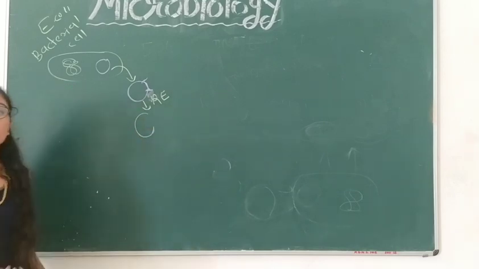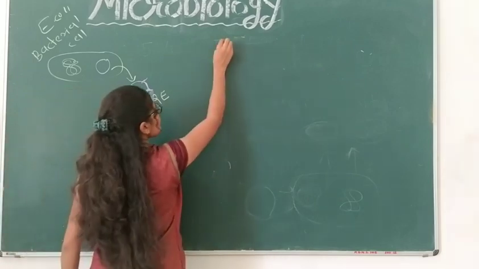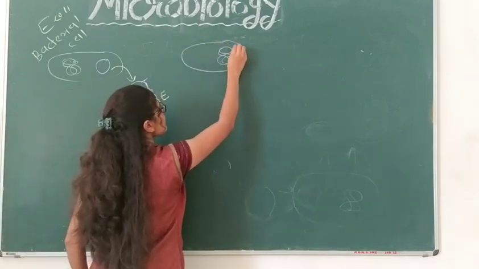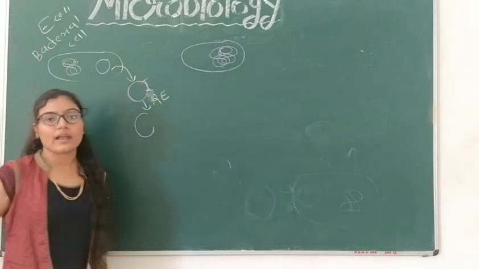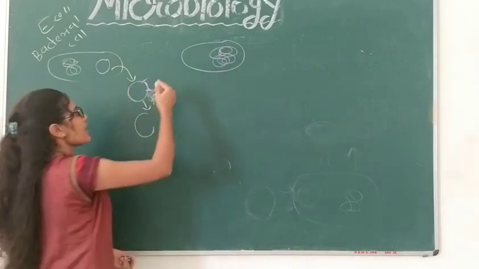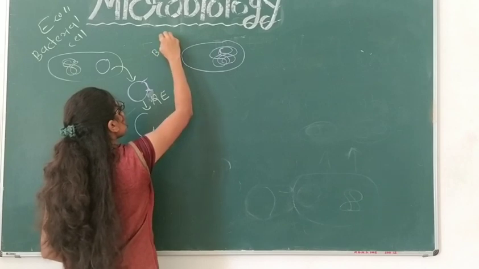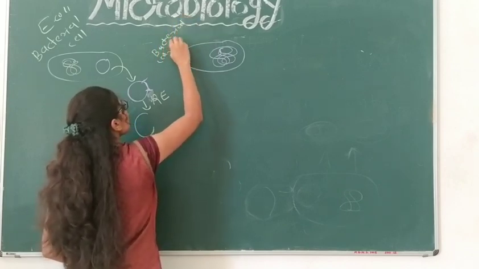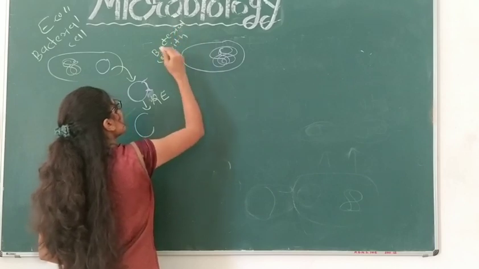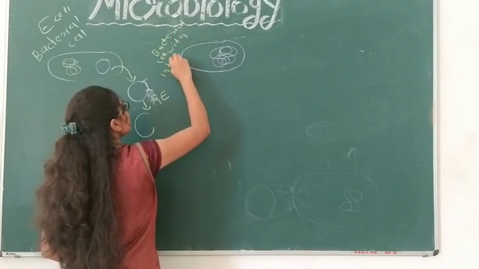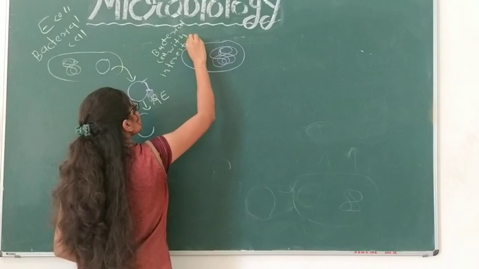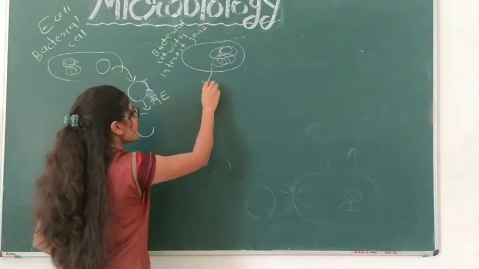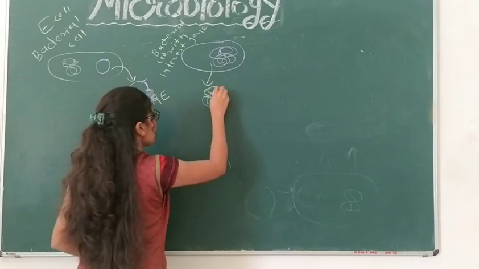Okay. Now we will take a bacterial cell that has our interest gene, genetic material and our interest gene. First of all we will isolate that genetic material.